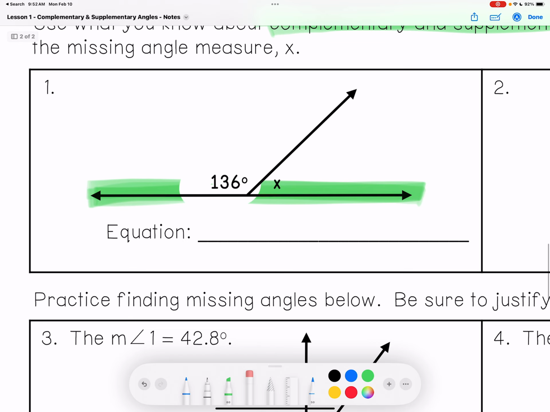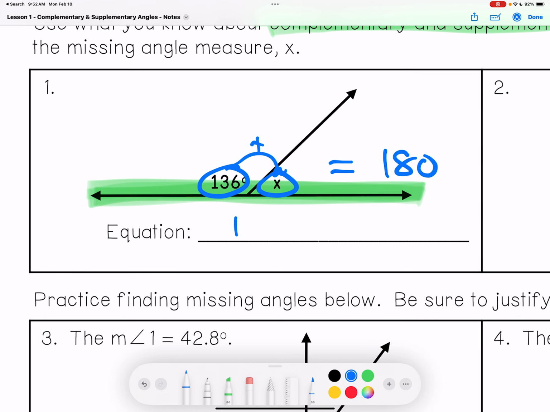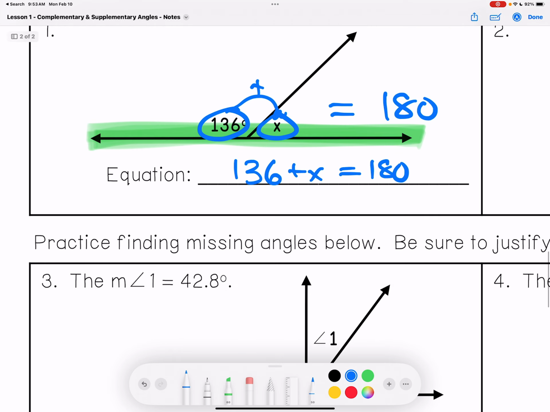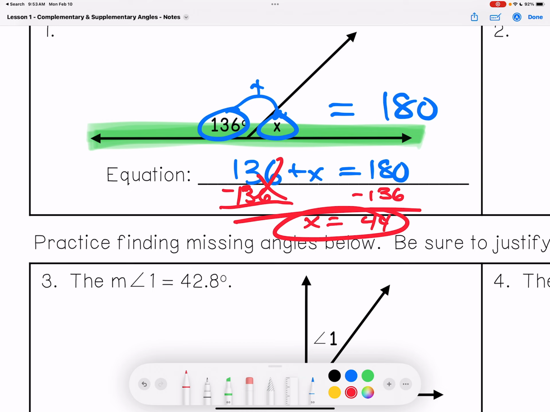This side plus that side equals 180. So it's going to be 136 plus x equals 180. Now, let me show you something. When you solve that, all you do is subtract 136 from both sides, and you're left with x equals exactly what you said, 44.